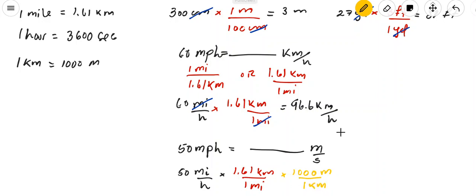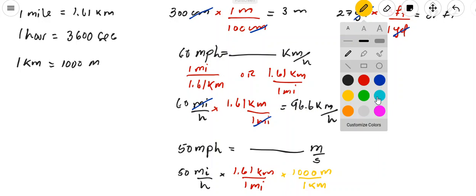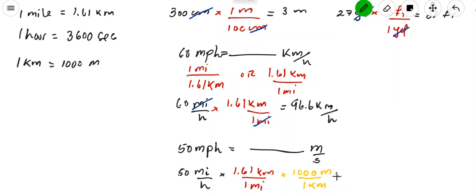But we still have a problem here. We want to convert the hours into seconds. So I'm going to say times 1 hour containing 3,600 seconds, right?